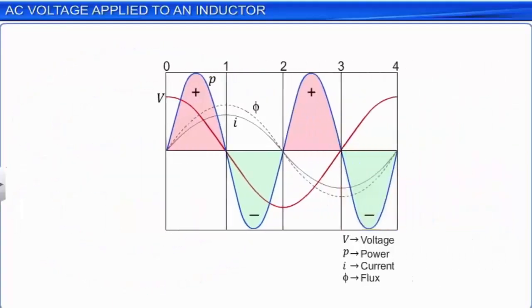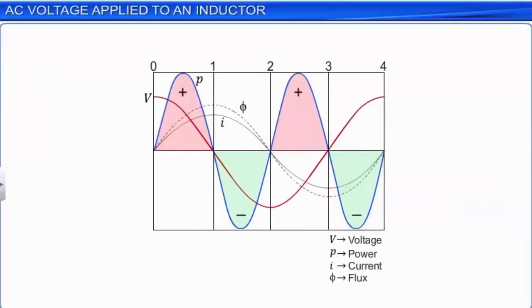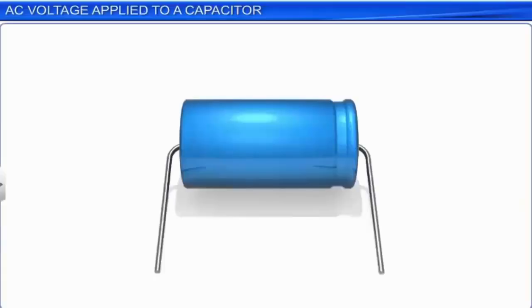Thus, the instantaneous power in the inductor is positive when both the instantaneous voltage and the instantaneous current are positive or both negative, and the power is negative when one of them is positive and the other negative. A capacitor is a device that can store a charge.